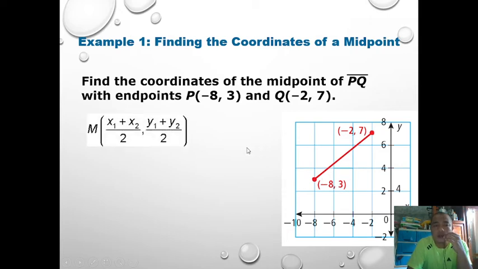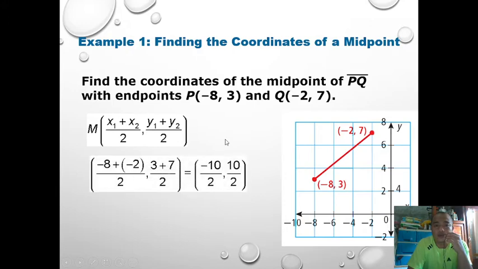So this is the formula for the midpoint, capital M, (x sub 1 plus x sub 2) all over 2, (y sub 1 plus y sub 2) all over 2. Then we will now substitute x sub 1 being -8 and x sub 2 being -2, y sub 1 being 3 and y sub 2 being 7.